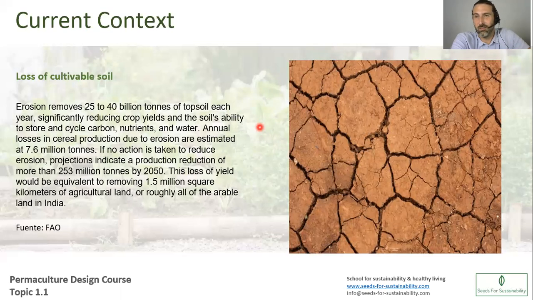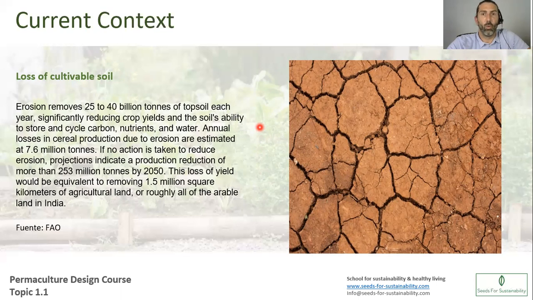Here we basically see some brick-like, they also call it hard pan soil. Not sure what the components are. It looks like lots of clay, but there's definitely no more humus layer left, and it looks more like a desert than any kind of living system. But we will go into the soil topic much more in detail during the whole course.